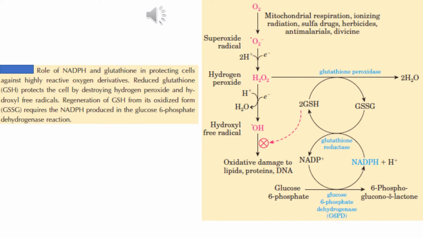This enzyme makes use of two molecules of glutathione, GSH, thereby breaking down hydrogen peroxide into water. But in that process, these two glutathione molecules are dimerized, GSSG. To convert them back into glutathione, NADPH plus H plus is required. This NADPH plus H plus is coming from our pentose phosphate pathway.